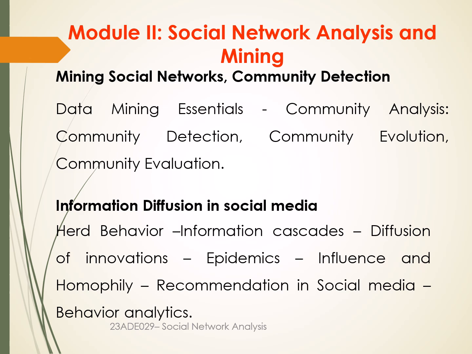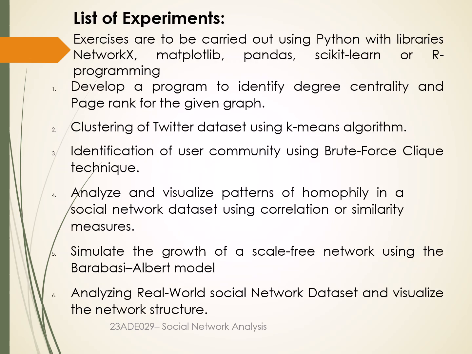The final course outcomes are, by the end of the course you will be able to analyze graph structure, evaluate different models, apply community detection techniques, and design models for information diffusion. Our subject also has practical sessions with six experiments.